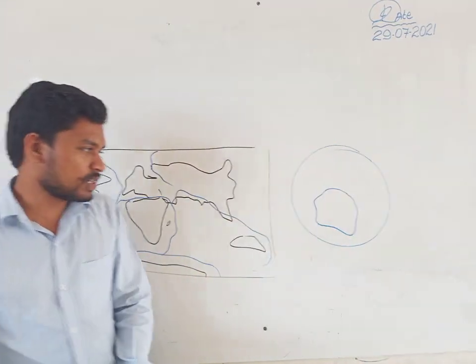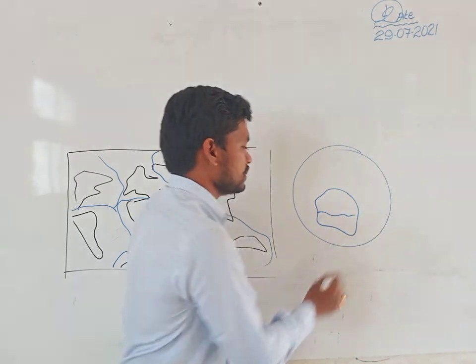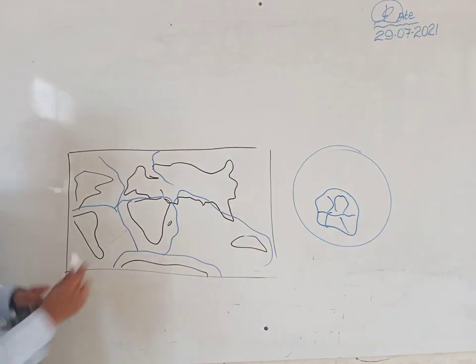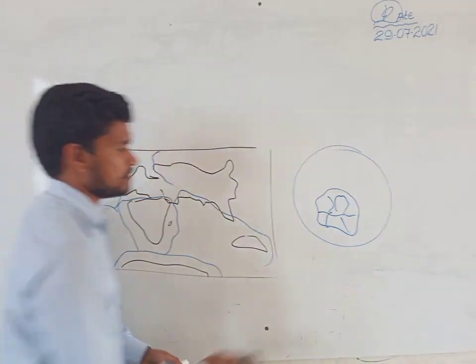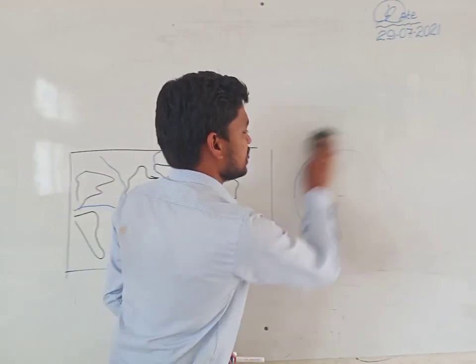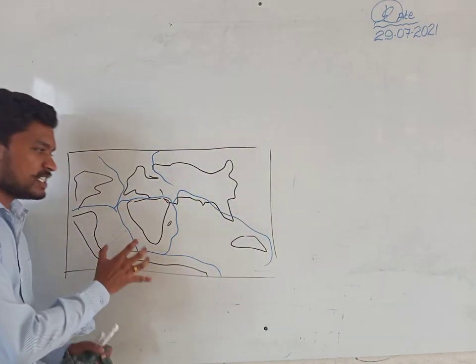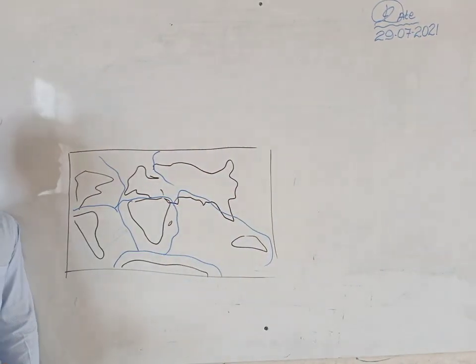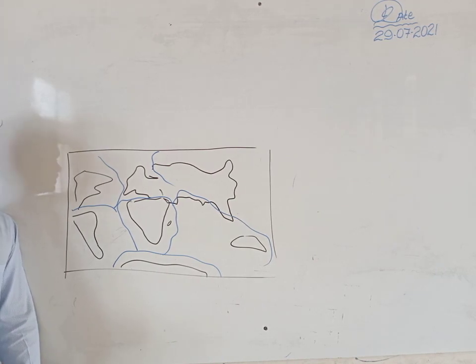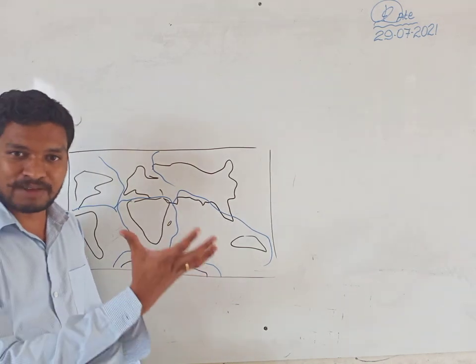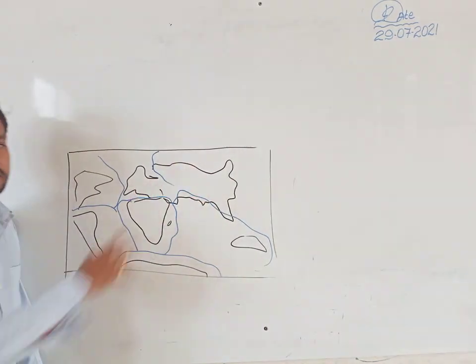This landmass broke into many pieces, and all these pieces started to move across the earth surface. All the countries and continents moved to every nook and corner of the earth surface because of the endogenic force, the force inside, the magma. Because of that force, it all spread.